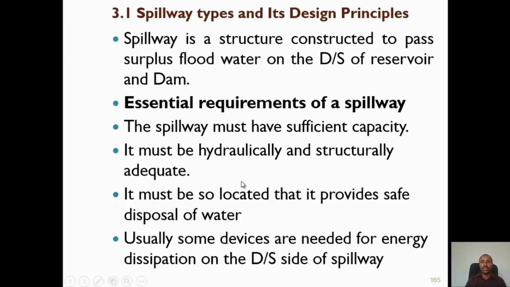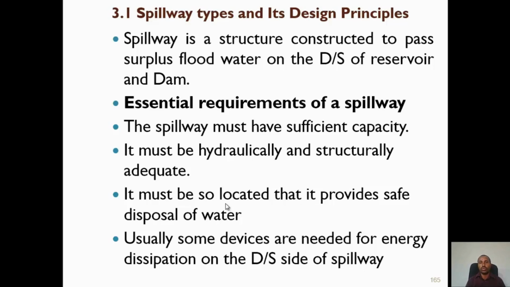And it must be hydraulically and structurally adequate. Also it must be located so that it provides safe disposal of water. Usually some devices are needed for energy dissipation on the downstream of the spillway.